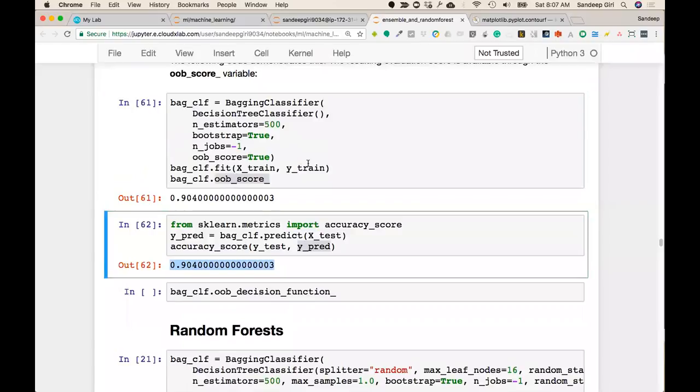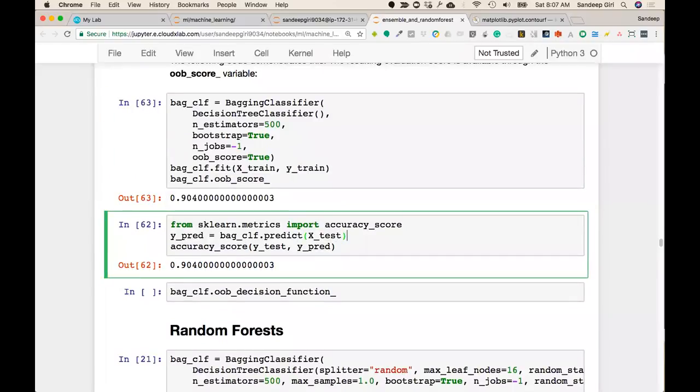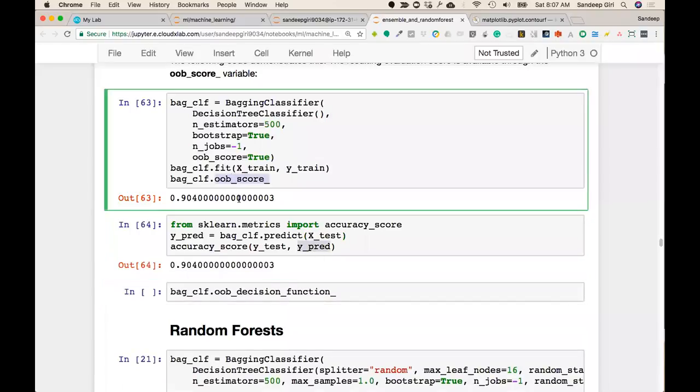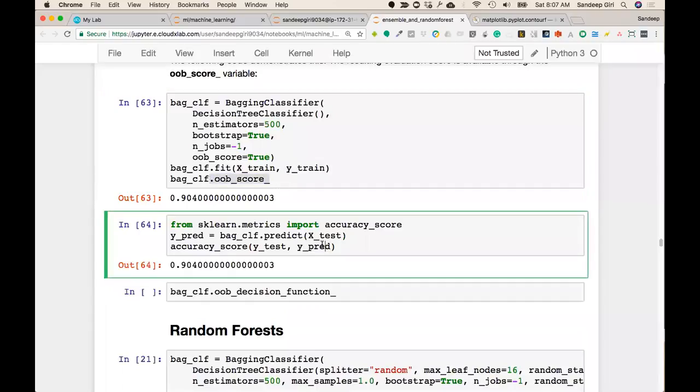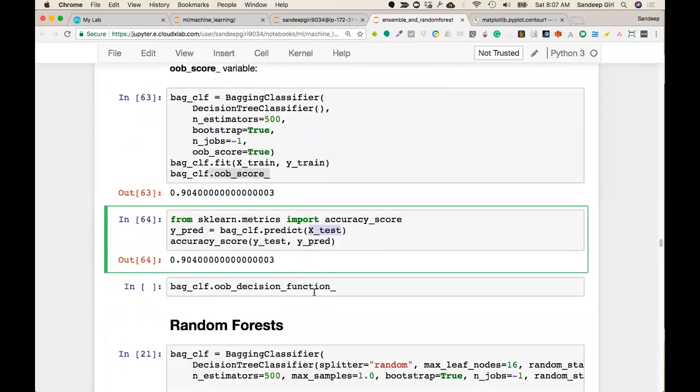Actually, it's very much similar. So here the accuracy as given by the OOB score, as well as the accuracy on the predicted values in the test, this X test, is actually the same. Okay, so you can see that out-of-bag evaluation is very much closer to the normal evaluation. Okay, that's the sole idea.